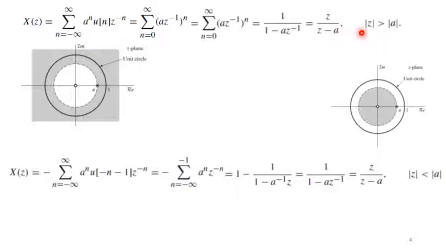And the ROC for this one was absolute z greater than absolute a.